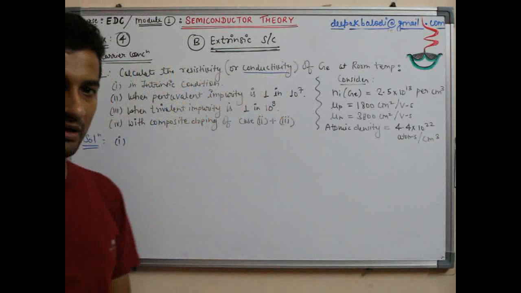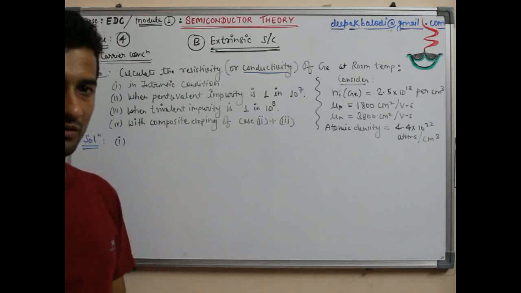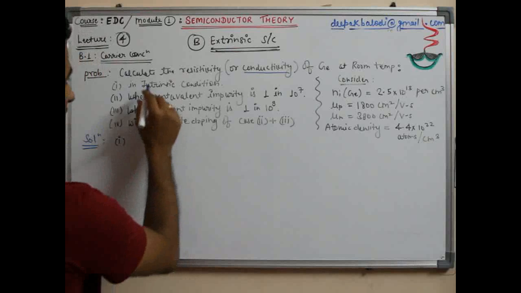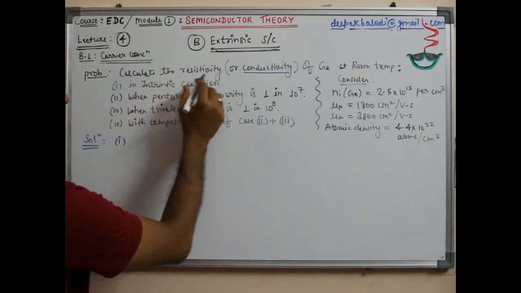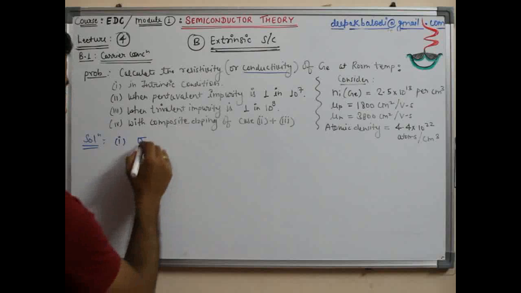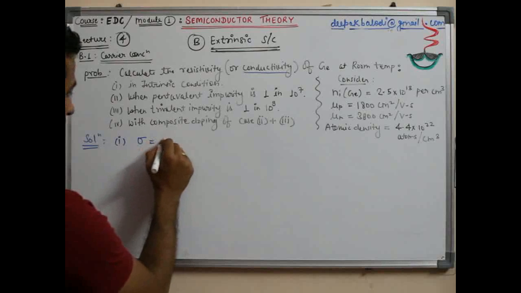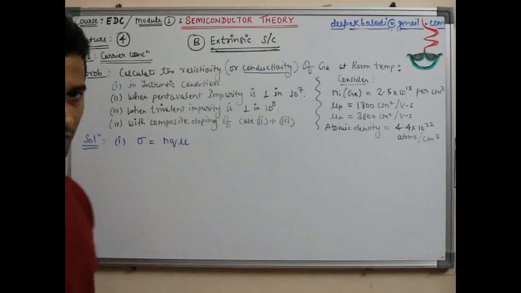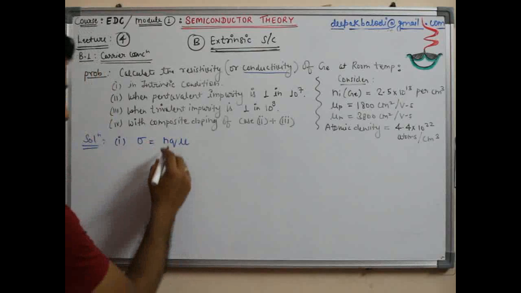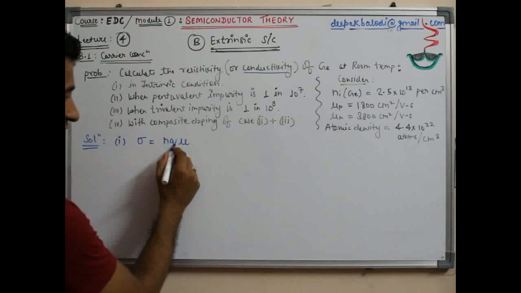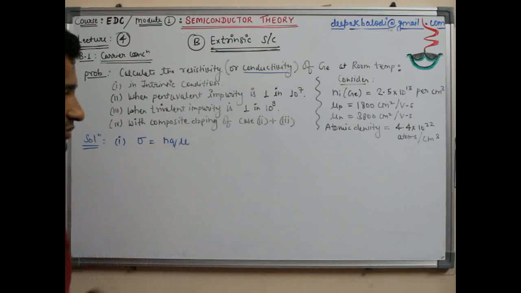This we have already calculated actually, but quickly, if we want to revisit the value, then in the intrinsic case let us identify the conductivity formula. Sigma, we know, is in general nQμ, where n is the carrier concentration, Q is the electronic charge, single electron charge, and μ is the mobility of the carrier.